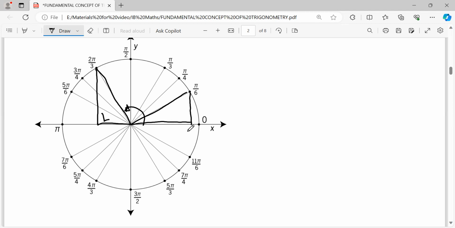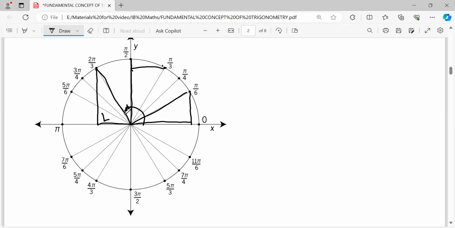Okay. So similar with that, and as well similar with this triangle. Okay. Yeah.